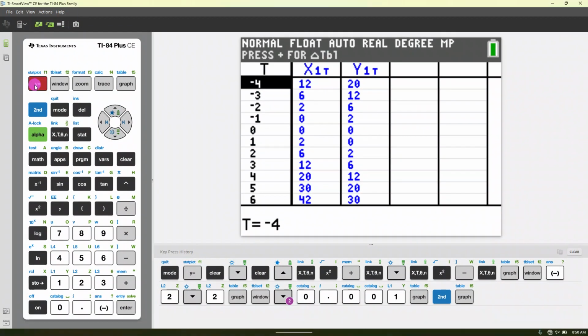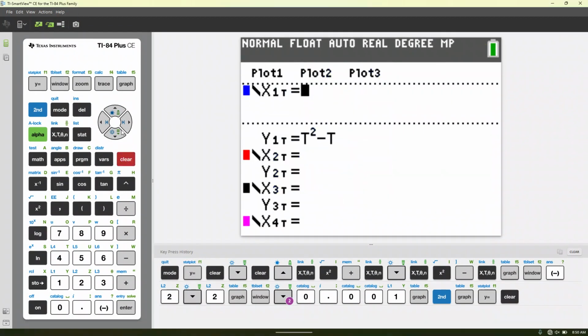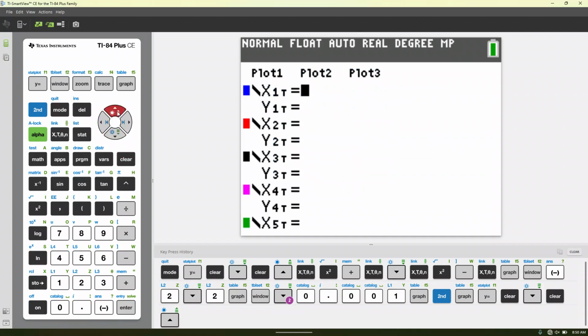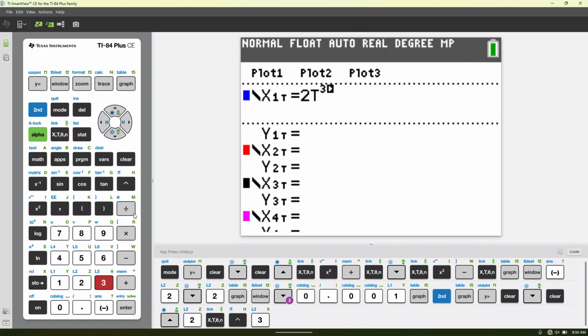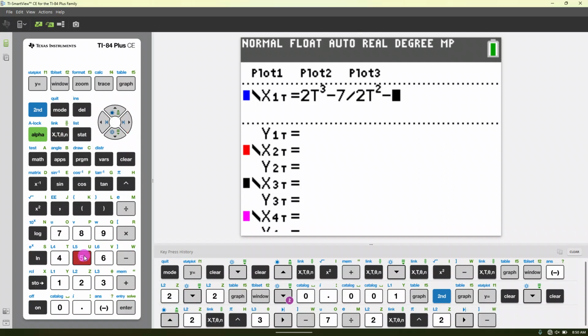Let me start with a fresh set of equations. Get rid of them. So that's going to be 2t cubed minus 7/2 t squared minus 5t.